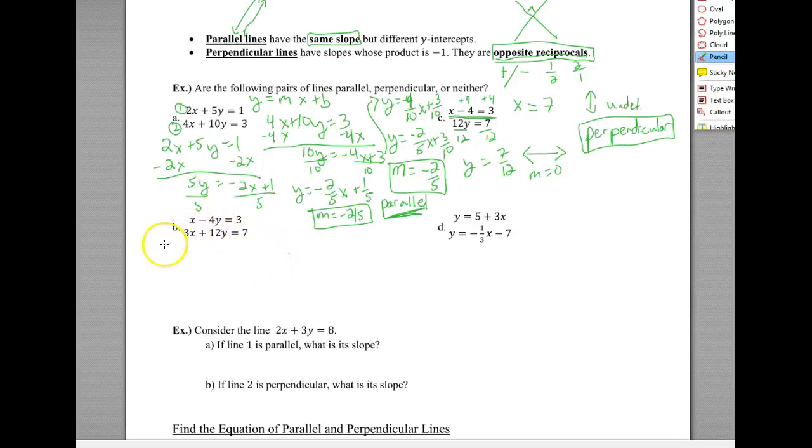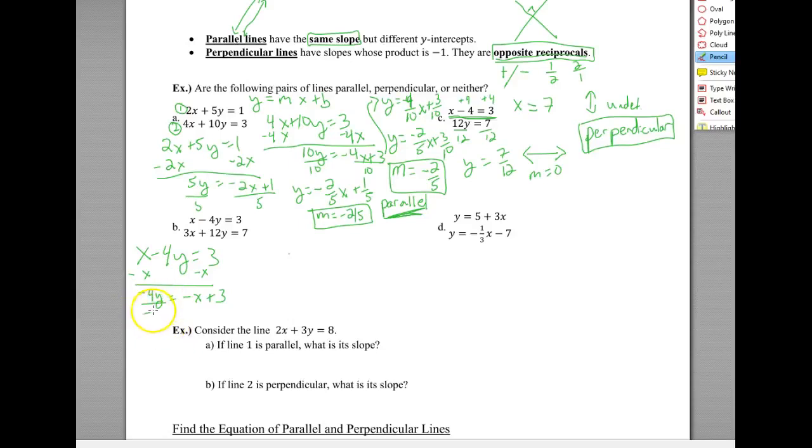Example B. First things first, I need to get it into the slope-intercept form so I can identify the slope. I'm going to subtract x from both sides. I have negative 4y equals negative x plus 3.